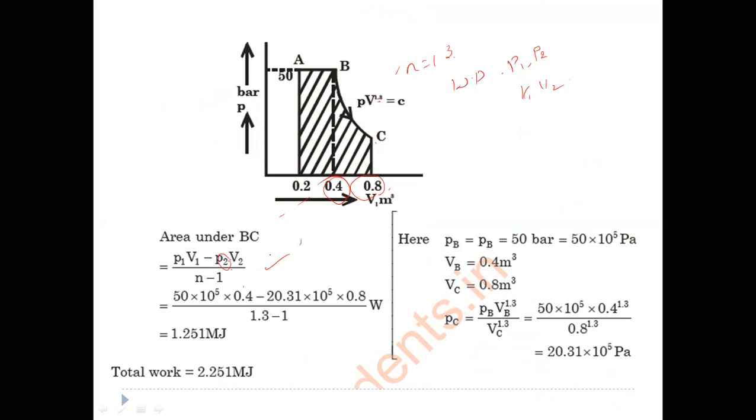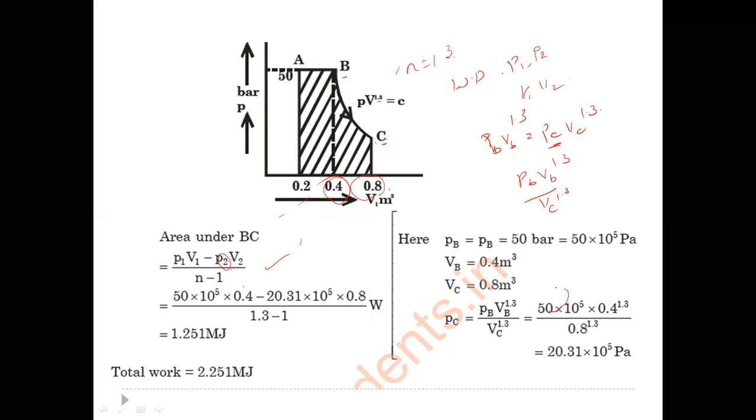This P2 value is calculated using the relation for the polytropic process B to C: PB VB^1.3 is equal to PC VC^1.3. So the pressure at point C can be calculated as PB VB^1.3 by VC^1.3.